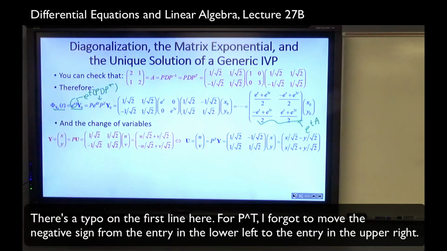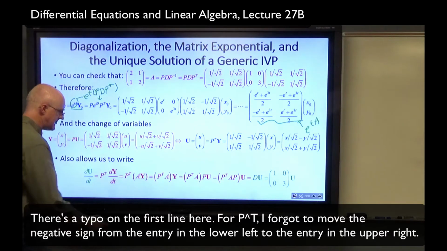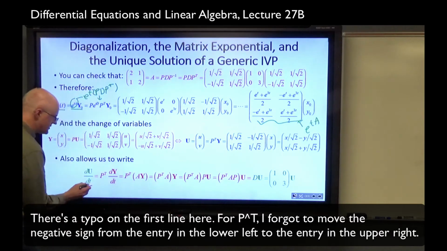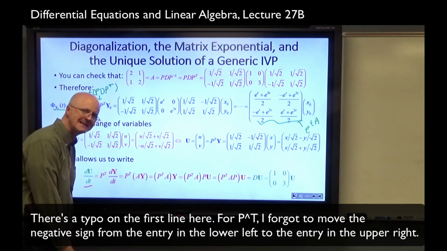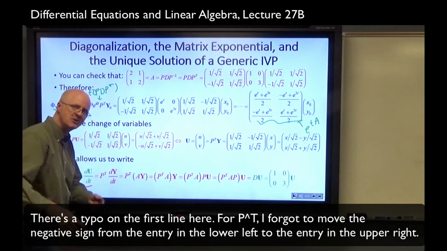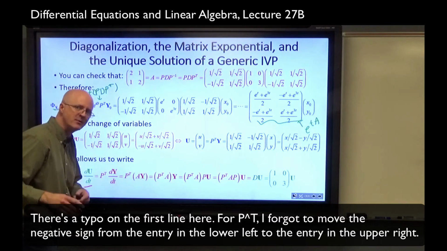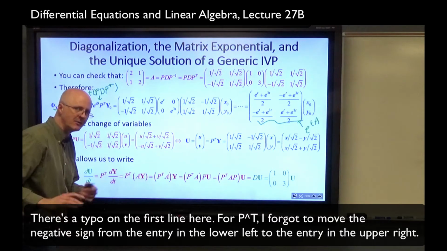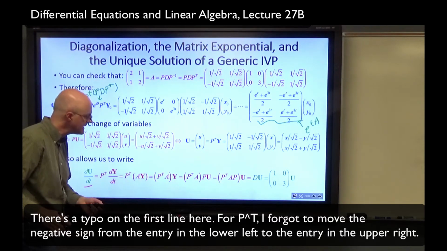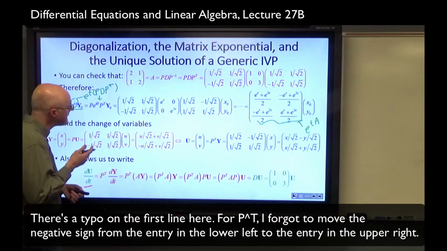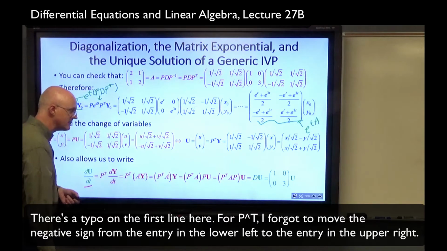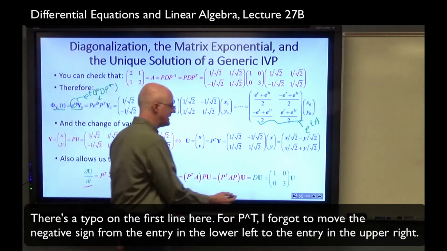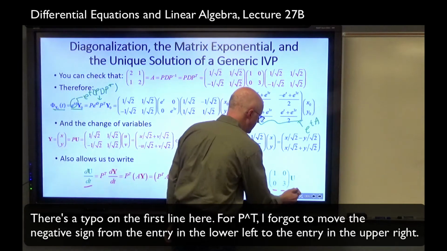Let's just do it in vector matrix form. du/dt, you can check all this work, where again we use P transpose here because it equals P inverse. In lecture 26C, we always use P inverse because P was not an orthogonal matrix in lecture 26C. Here in lecture 27B, it is an orthogonal matrix, so we can write the P transposes in place of P inverse. Go ahead and check. You get D times u, you get a diagonal matrix times u.